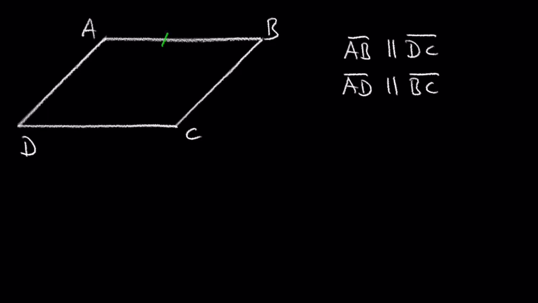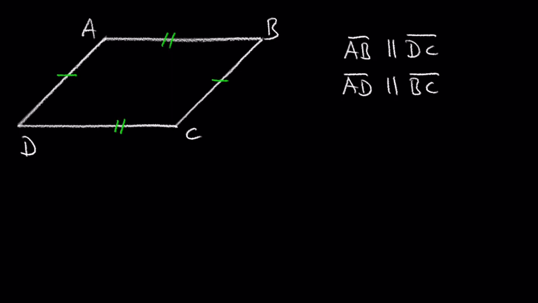And this notation on the drawing tells us that the opposite sides are equal in measure. So with the knowledge that the opposite sides are parallel and that the opposite sides are equal in measure, we know that this is a parallelogram.